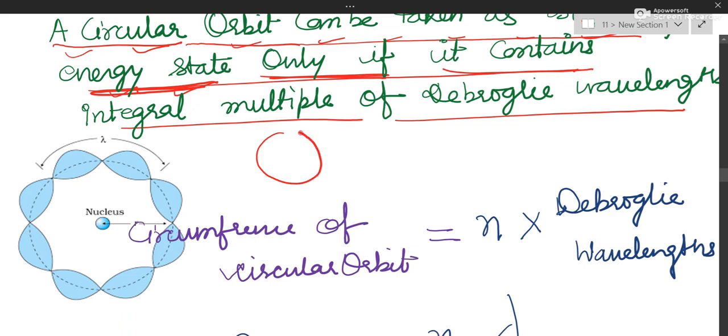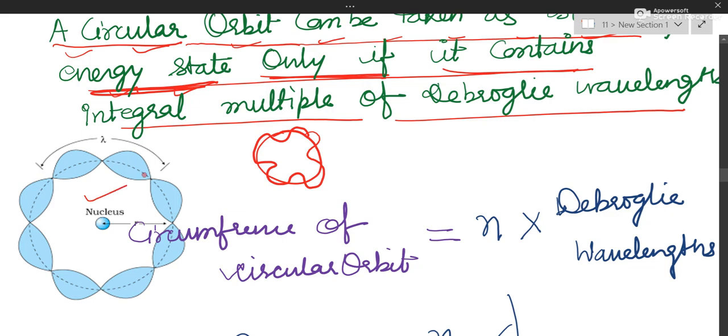So any orbit you will consider as stationary if there are 2 waves, 3 waves, 4 waves, 5 waves, not 5.5, 6 waves, like those only will exist. Those are the only stationary orbits. That is what he has said, and you can make this diagram.